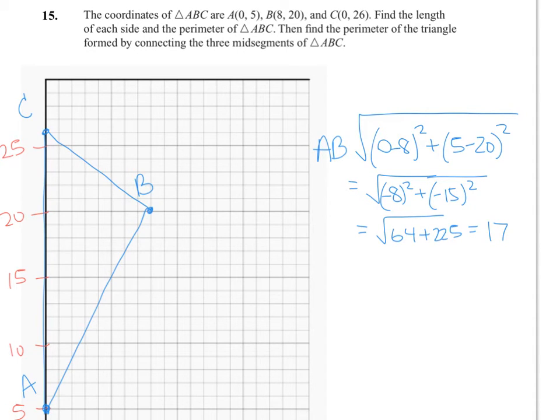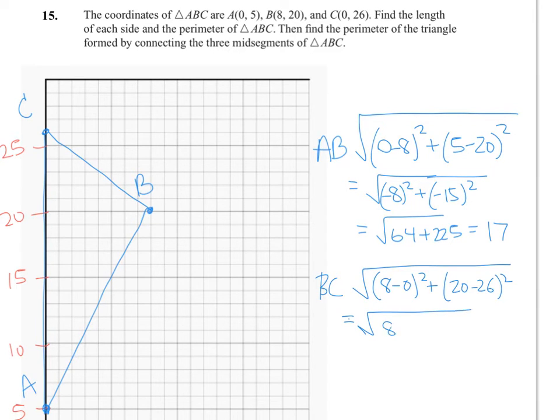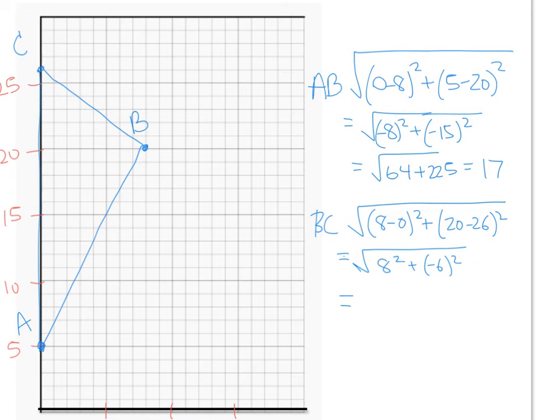And the length of BC, and the square root of 100 is 10.